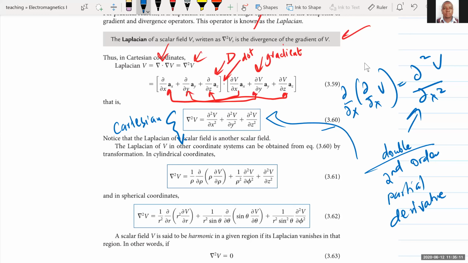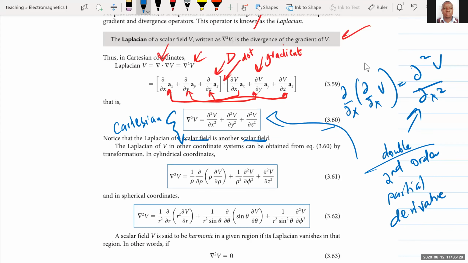Okay, now, the Laplacian of a scalar field is another scalar field. So it's just important to know the outcome, what will come out of the Laplacian: if you had a scalar, it will give you another scalar.